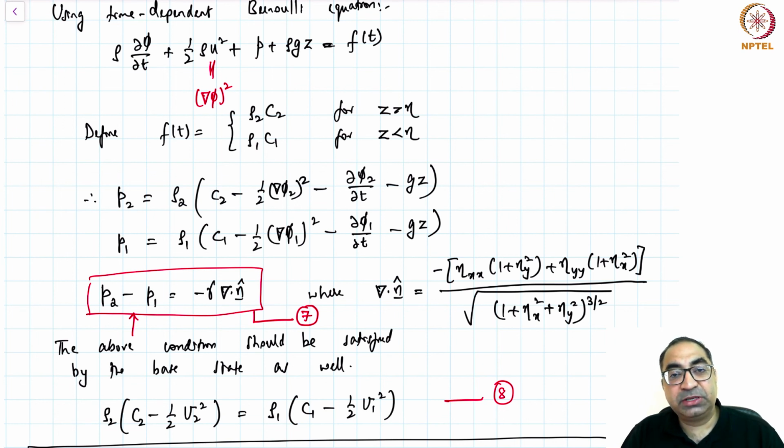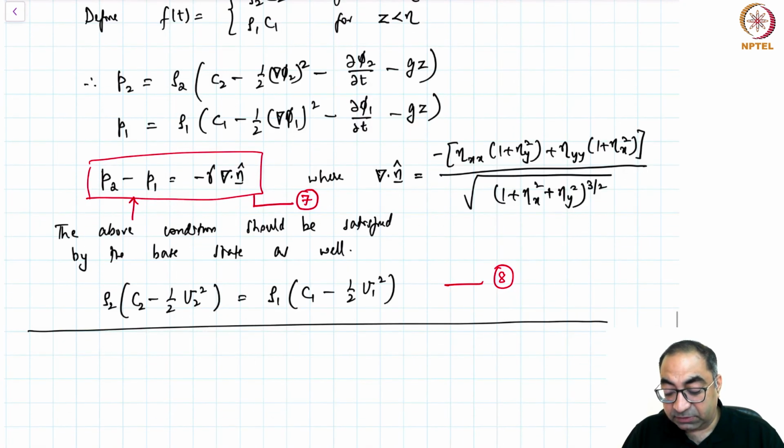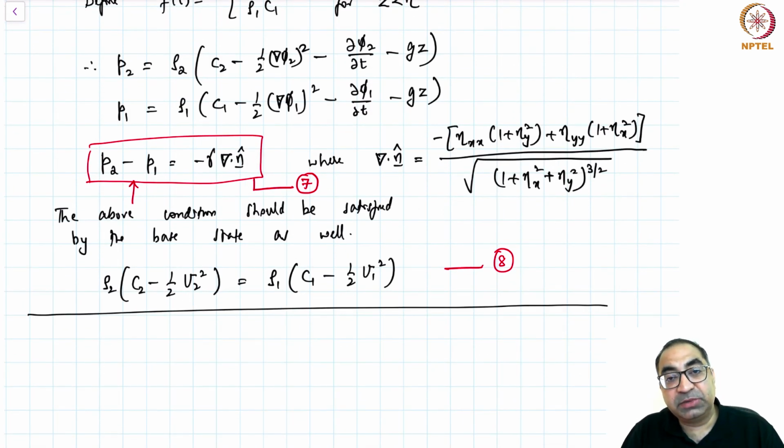The unsteady Bernoulli equation will give us the pressure in terms of the density, the velocity, gravity, and an unknown constant. So we also applied this unsteady Bernoulli equation. It also has to be satisfied by the base state. The only difference is for the base state, the curvature is 0 and it's steady. So if you apply this, you also get a relationship between the constants.